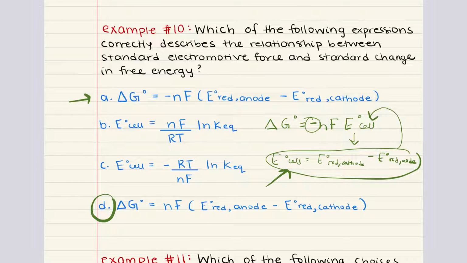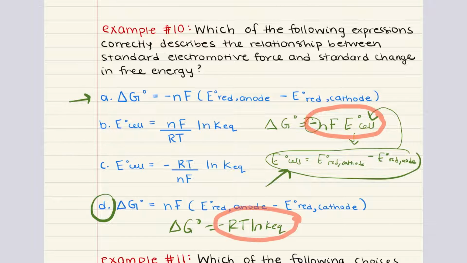Another expression for the standard change in free energy says that it is equal to minus RT, where R is the ideal gas constant and T is temperature, multiplied by the natural logarithm of our equilibrium constant. Now, if we set these expressions equal to each other, since they both equal the standard change in free energy, we would get the following equation.